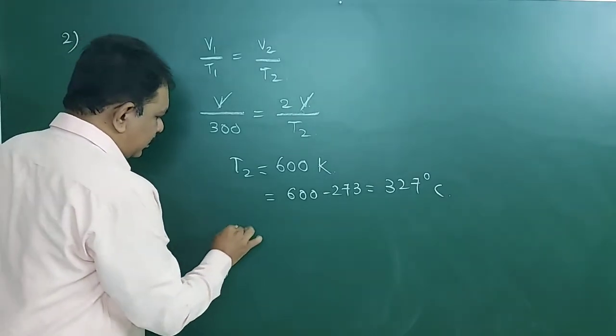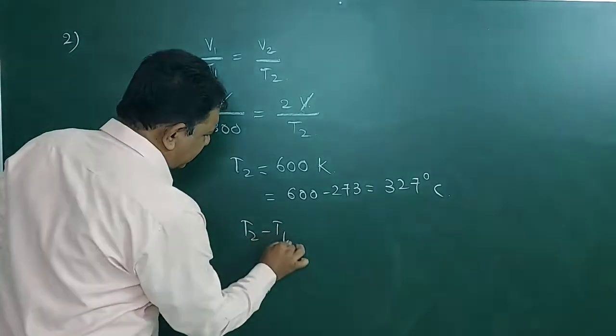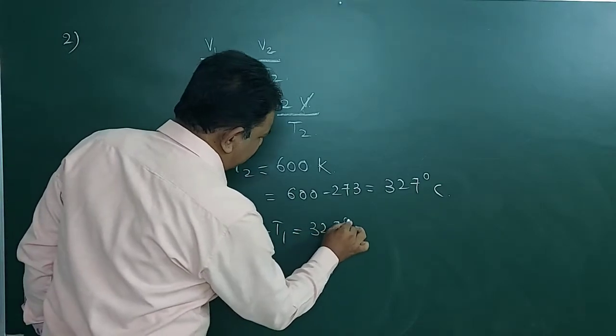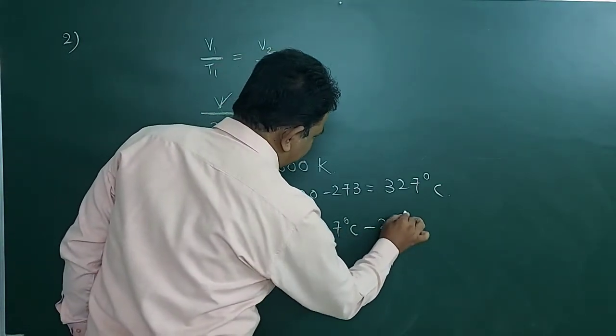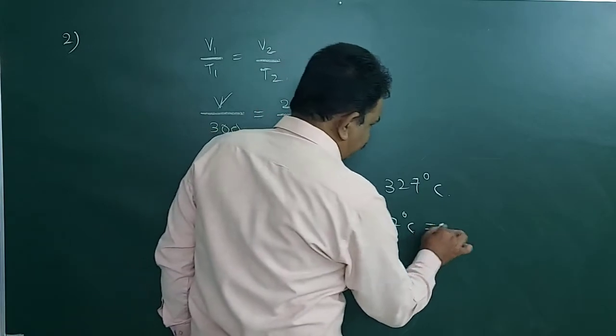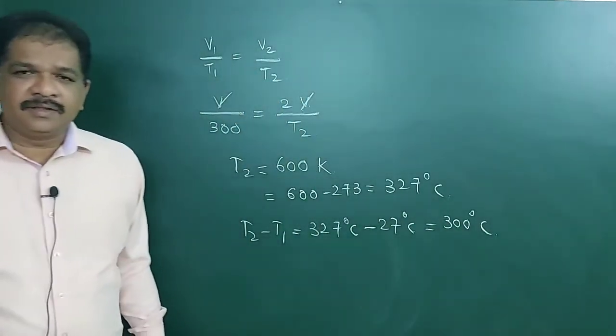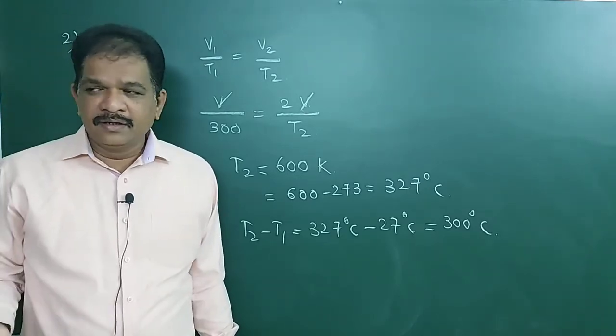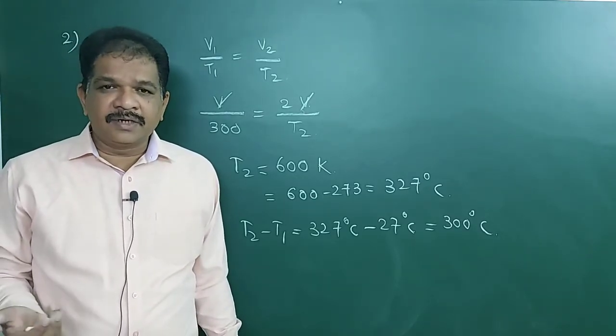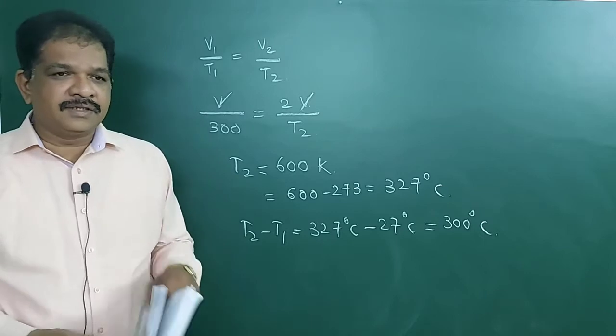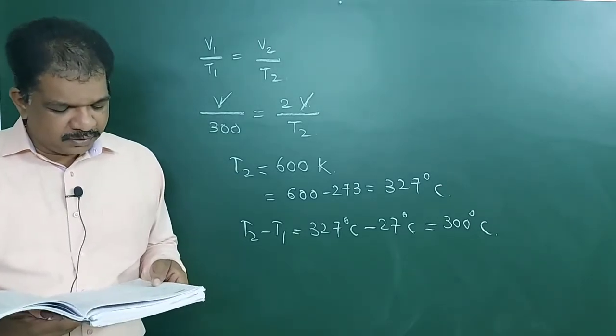So T2 minus T1 is equal to 327 degrees centigrade minus 27 degrees centigrade. This will be 300 degrees centigrade. The difference in temperature in the Kelvin scale and in the Celsius scale are both the same only.